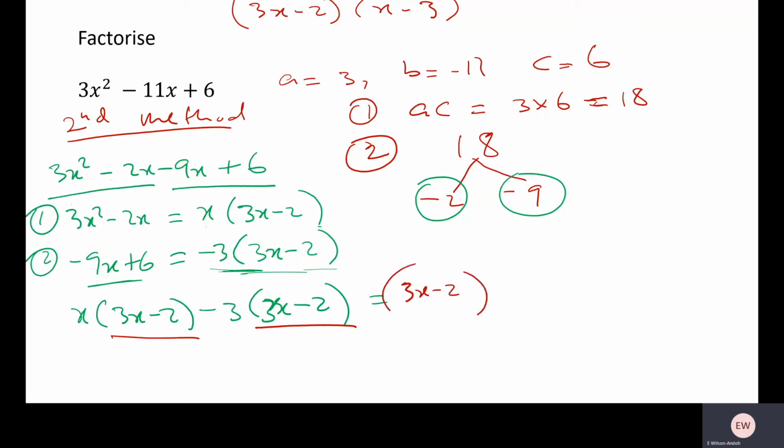And if we take 3x minus 2 from both terms, if we take 3x minus 2 from here, we are going to be left with x. And if we take 3x minus 2 from here, we are going to be left with minus 3. So this answer here is the same as what we got in the first method.